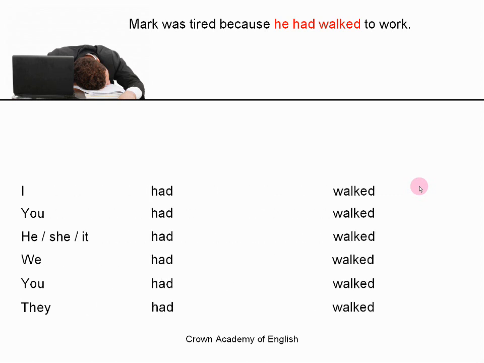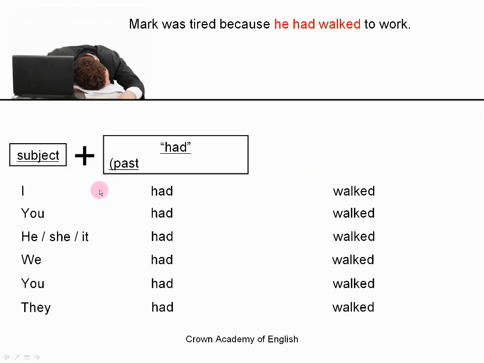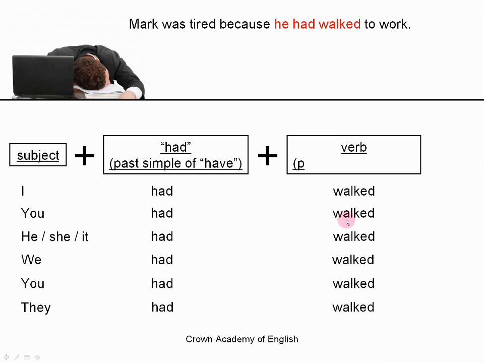So the affirmative form is subject, then had, and had is the past simple of the verb have, and then we have the main verb in the past participle form. So walked is the past participle of the verb walk.